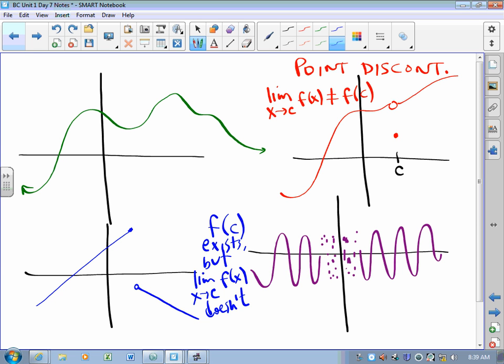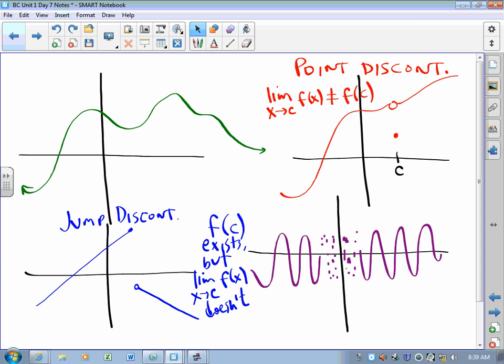There is no limit as x approaches C. And so we have some break in the function. In fact, it looks like the function jumps from one branch to another. And so this is in fact called a jump discontinuity, because there is no limit as x approaches C. This is very, very common in any function defined piecewise. So when you see functions that are defined piecewise, your radar goes up. You're saying this could be a jump discontinuity.